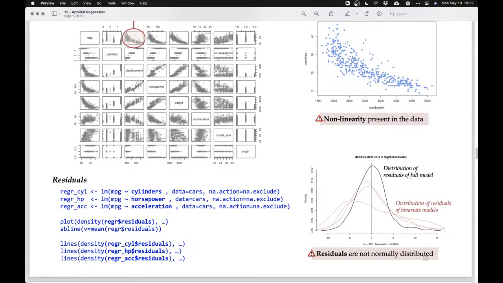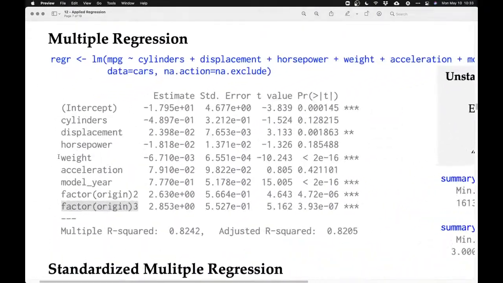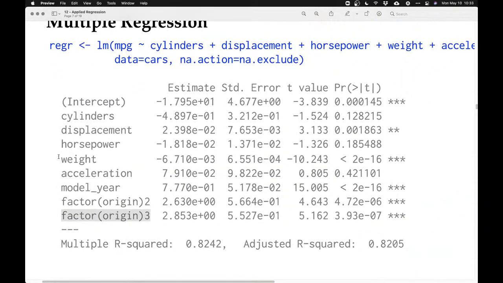And in fact, if we were to interpret and make business decisions based on this regression, we would be in terrible trouble, because we would be saying such things as, hey, we better increase the displacement of our engines to improve the miles per gallon, the fuel efficiency. Bzz, completely the opposite. All right?